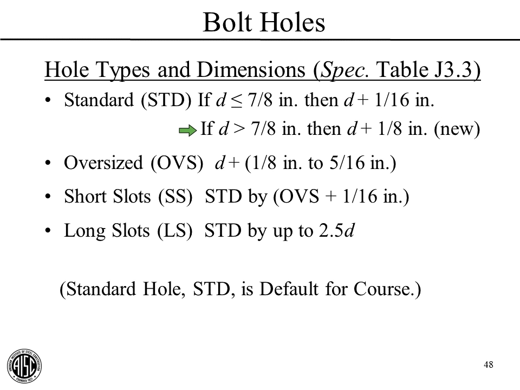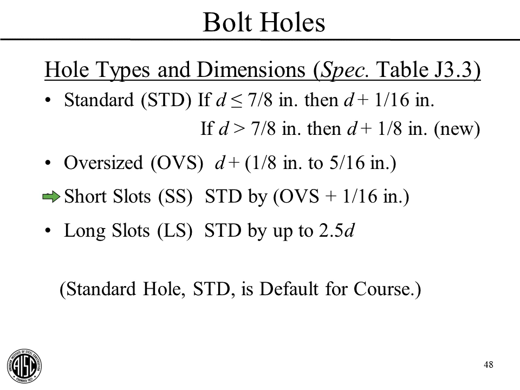For larger bolts, we add 1/8 of an inch. Now this is new, and this results from some problems installing larger bolts in standard holes due to the bolt and hole diameter tolerances. We also have oversized holes, and the diameter of an oversized hole is the diameter of the bolt plus a distance ranging from 1/8 inch to 5/16 of an inch, depending on the bolt diameter.